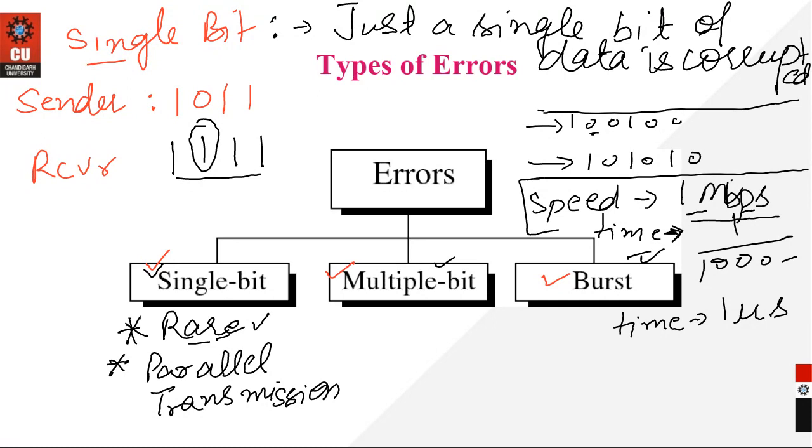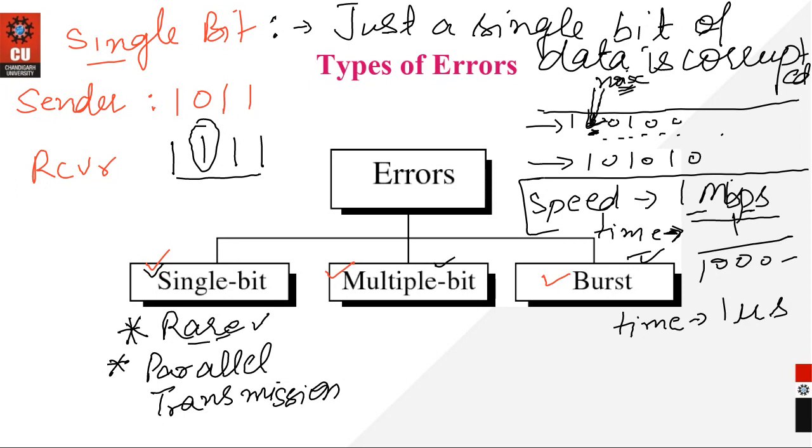So the more the speed, it means very less time will be taken by a single bit to travel over the channel, right? Now what does this mean? This particular bit is going at very high speed on the channel. Now, to impact just this bit, the noise, whatsoever noise it is, should be so fast and so sharp that it impacts just a single bit.